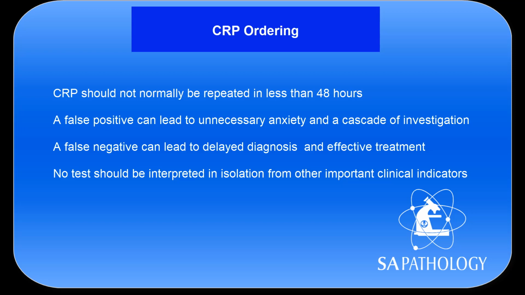In that study population, for 42 true positive results, there were 236 false positive results, leading to unnecessary anxiety and cascade investigation. Similarly, for 679 true negative results, there were 43 false negative results, with the potential for delays in diagnosis and effective treatment. The message here is that no test should be interpreted in isolation from other important clinical indicators.